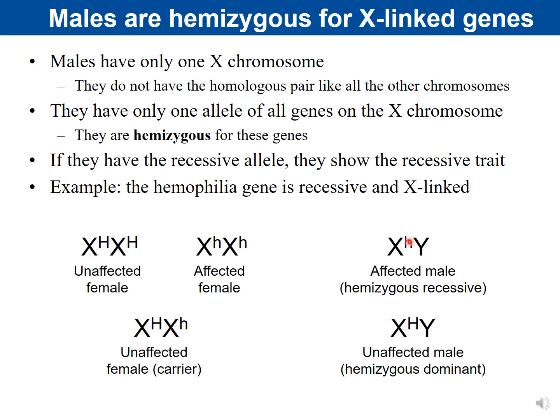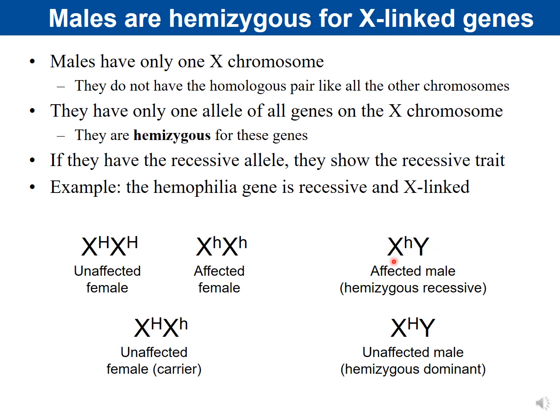So if we have a male with hemophilia, who did he inherit the disease from? Mom or dad, or can we not say? Answer is he had to have inherited it from his mom. Because if he's XY, who is the only person that gave him his Y? And that is his dad. So that means the Y came from his dad and the X came from his mom.